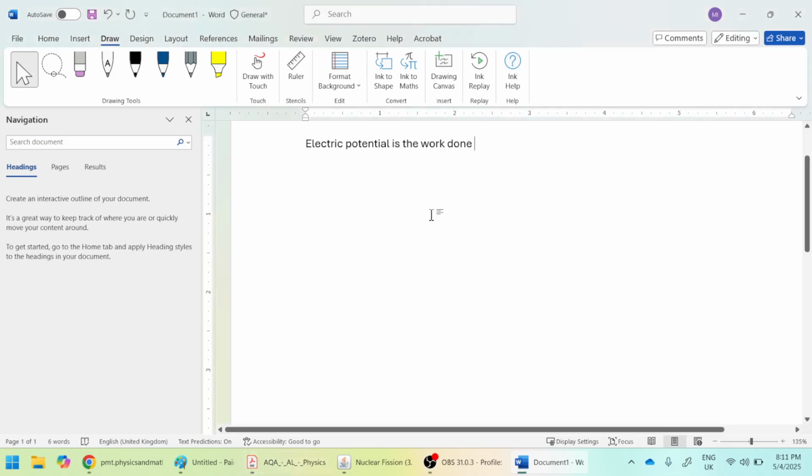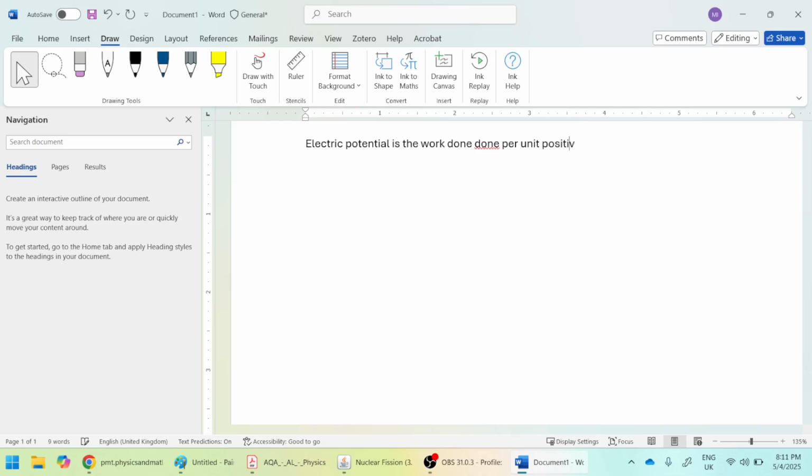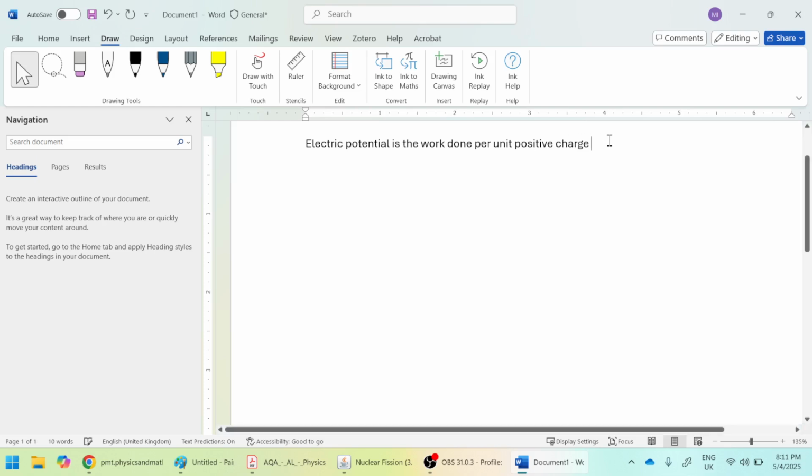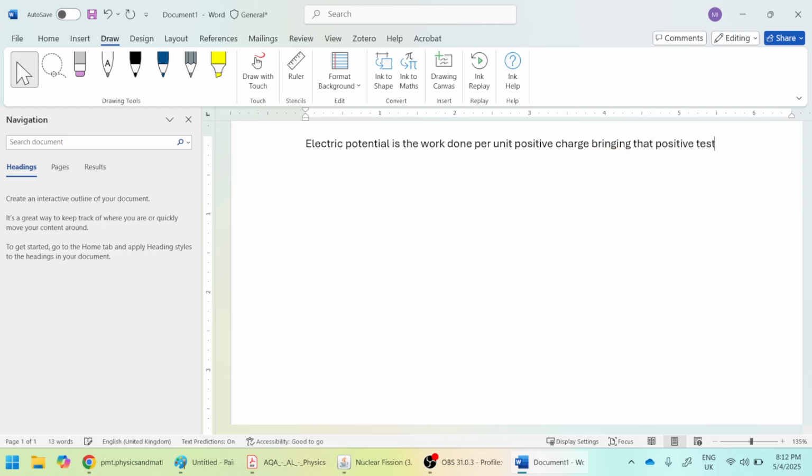Electric potential, the work done per unit positive charge bringing a positive charge from infinity to that point.